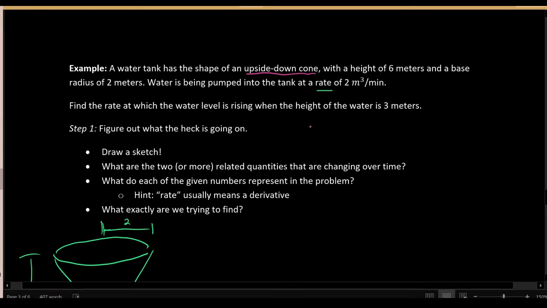So this is important. A related rates problem is about two related quantities, both of which are changing over time. And we were just given information about one quantity in this problem which is changing over time. The total volume of water in the tank is changing over time.